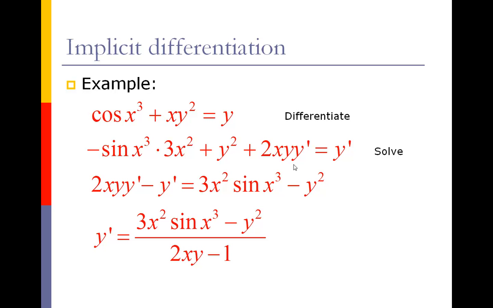Notice that we now have a formula for y prime without even knowing what y is as a function. However, this formula involves both x and y, so it's still kind of an implicit formula. But again, this is not going to create a problem in most of the applications.